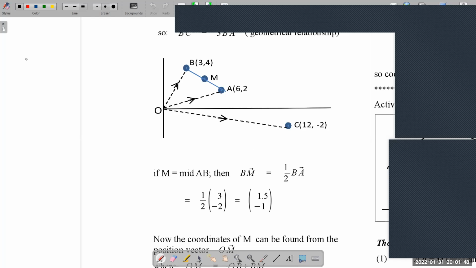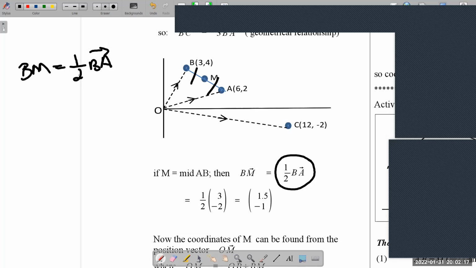If something is halfway, look at that. If M is halfway, BM and AM are going to be the same thing, because this distance here is the same as this distance here. So what they did, they just found half of BA one time. Everybody with me? So BM is equal to half of BA, because it is in the middle.